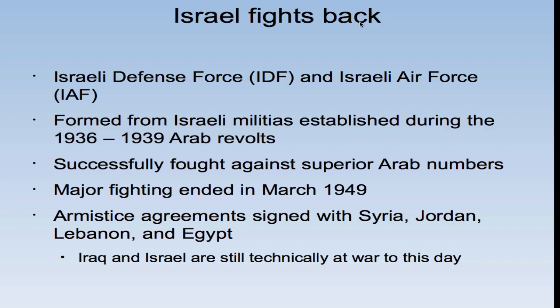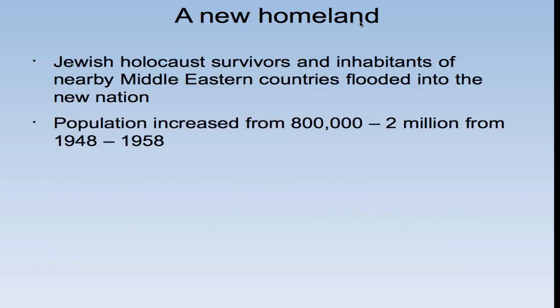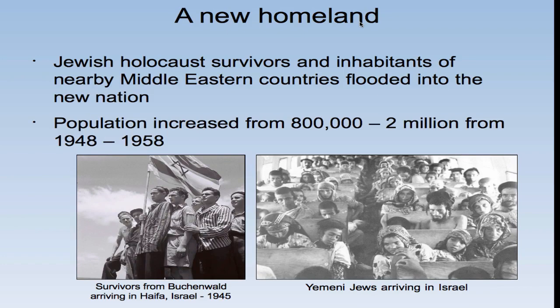In this fight of independence, major fighting ended in March 1949, and Israel signed armistice agreements with Syria, Jordan, Lebanon, and Egypt. Israel and Iraq are still technically at war to this day. So what happened afterwards?